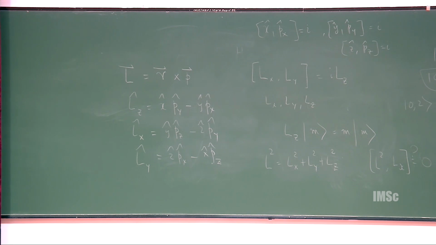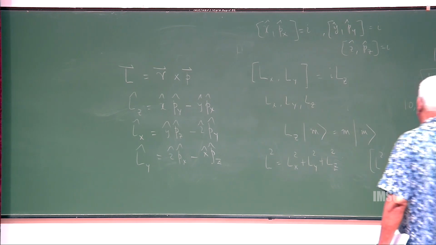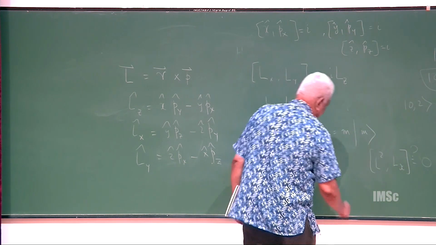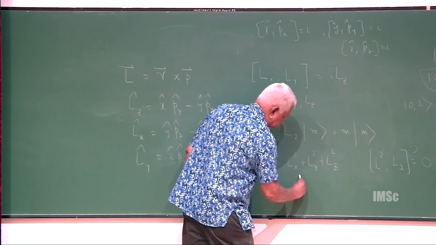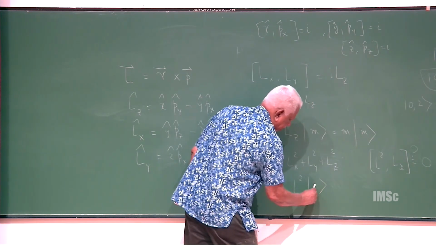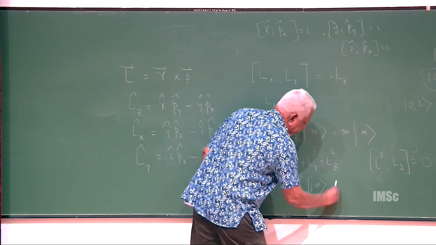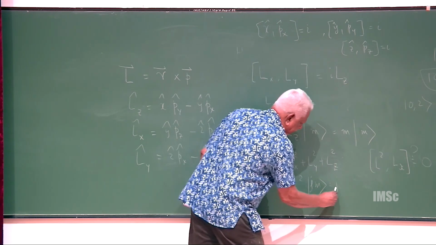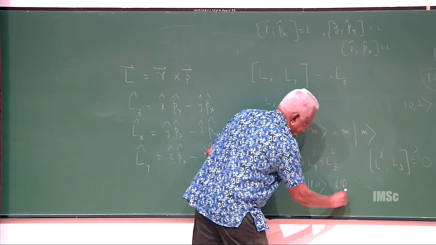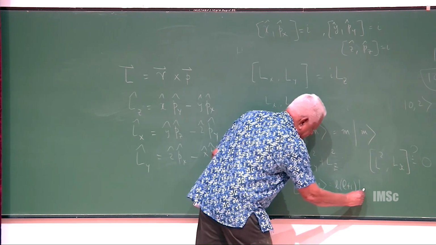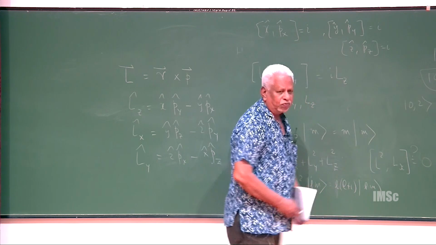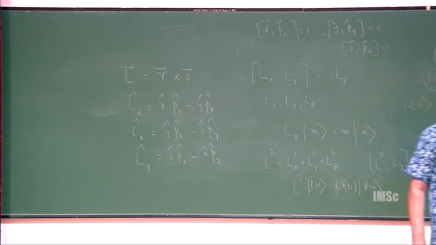So it should have some value, and for all practical purposes, we will call that eigenvalue of L square for the state j or L. I will call it L into L plus 1. Don't ask me why this funny L into L plus 1; that's what comes out.